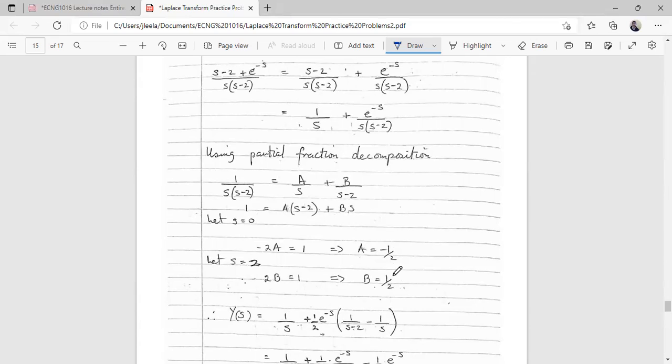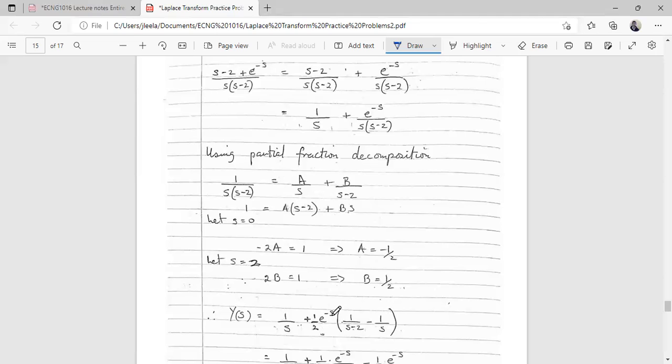So all you have to do now is pull out the e to the minus s, pull out a half, because a half is a common factor. But since this term here is positive, you swing it around. So you put 1 over s minus 2 at the front, and then you put this term here minus 1 over s at the back. So you'll get a minus a half 1 over s, and your plus a half 1 over s minus 2.